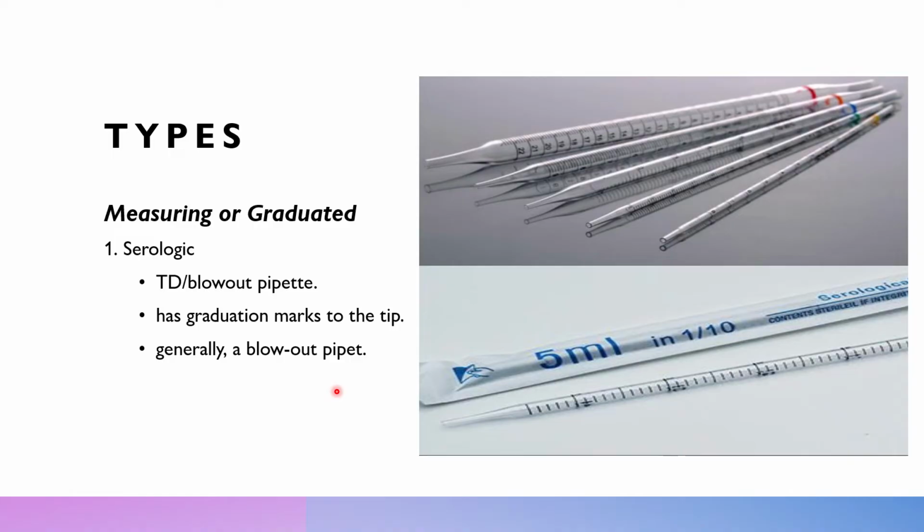Its design is to deliver, and its draining characteristic is a blowout pipette. So now you understand, class? Do not forget, a serologic pipette, class, has a graduation mark up to the tip. So it has a graduation mark until the tip area.